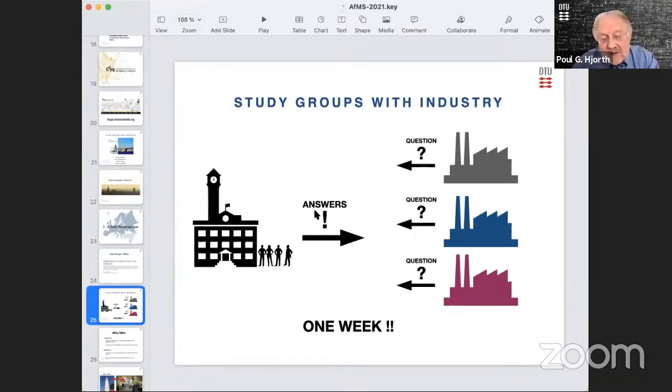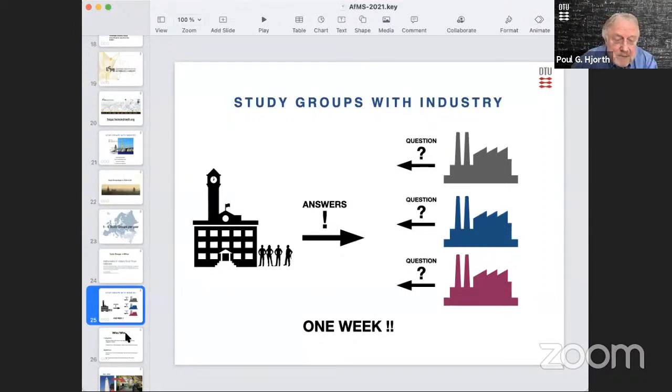I say answers deliberately because it would be a little bit bold to say solutions at this point, because there's a limit to how much you can do in a single week. But still, the concept has proved so popular over the years. It has now been going on for 50 odd years.